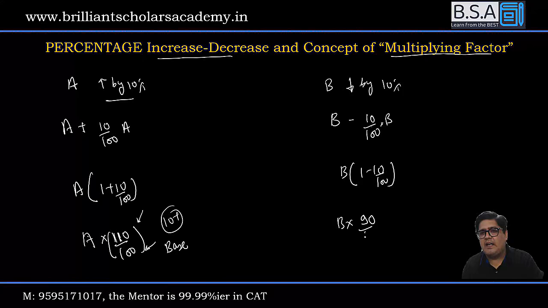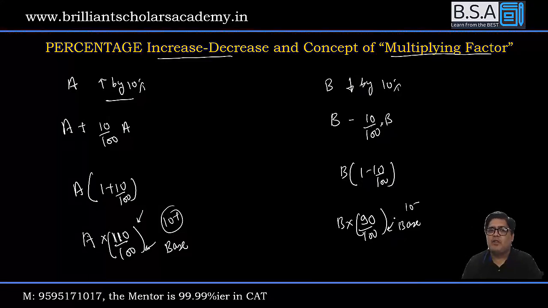See, 100 is the base. Now, is the numerator more or is the numerator less? The numerator is less. How much less? 10 less. So out of these, see, who is performing the job of increase or decrease? This ratio performs the job of increase. This ratio performs the job of decrease. These are called multiplying factors.